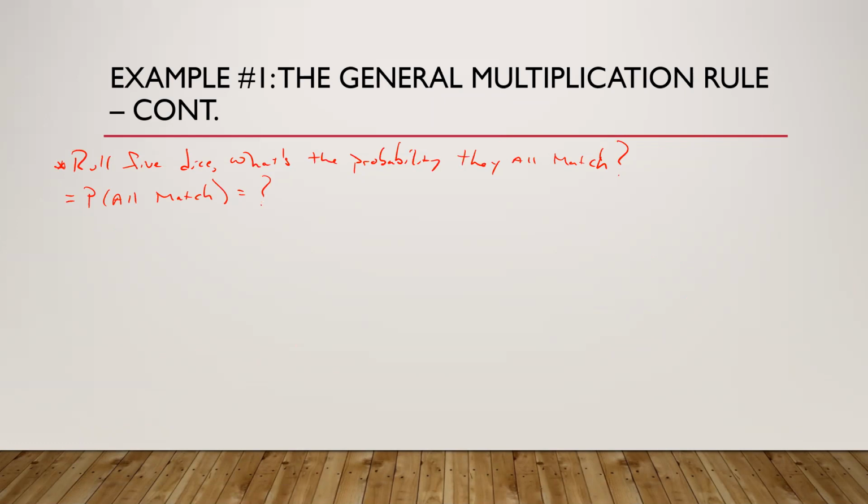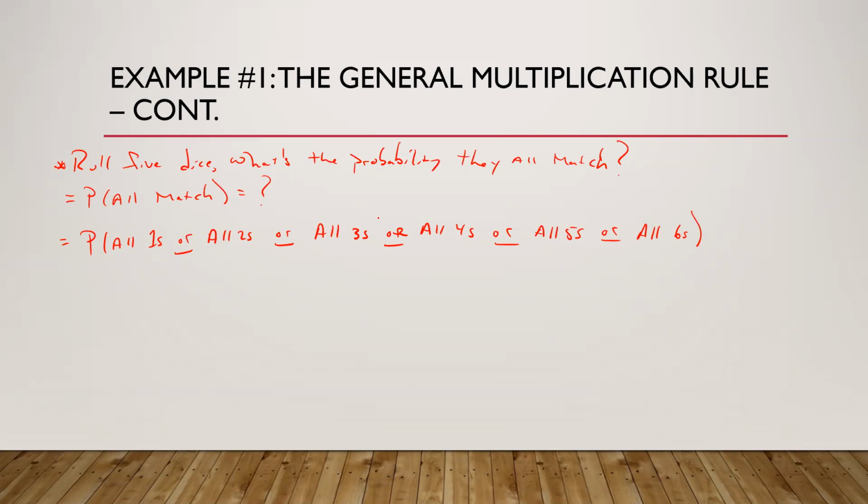So listen: it's the probability they're all 1s, or they're all 2s, or they're all 3s, or they're all 4s, or they're all 5s, or they're all 6s. So when you see the or statement, what does that imply? Addition.